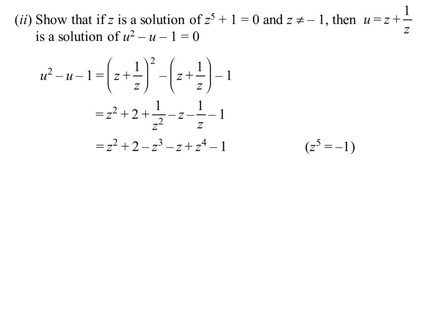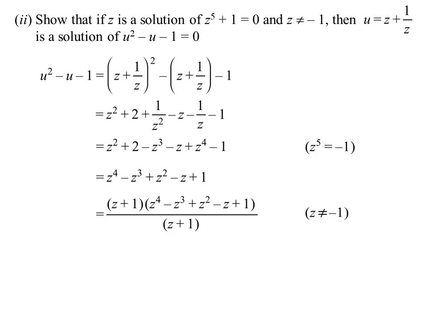Notice it's not the sum of the roots like the other one, because you've got plus minus, but we still have to show this as 0. Remember? So how did I do it? Using z to the power of 5 is equal to negative 1. Playing around with that, I get z to the 4 minus z cubed plus z squared minus z plus 1. So I'm not going to use the sum of the roots idea. I'm going to use the factorization idea.